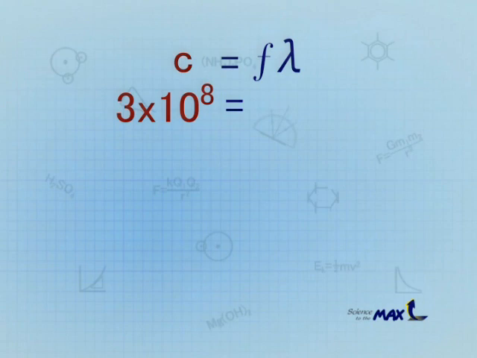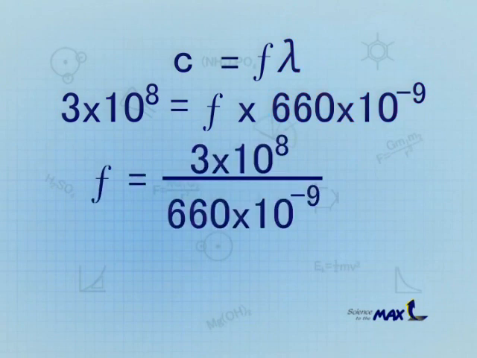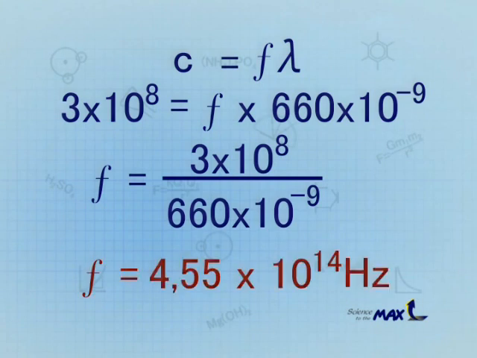Therefore, 3 × 10^8 = f × 660 × 10^-9. Therefore, frequency = 3 × 10^8 divided by 660 × 10^-9. The answer is 4,55 × 10^14 hertz.